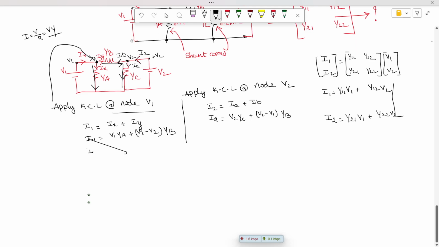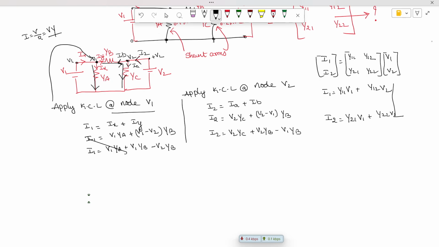I can write I1 is equal to V1 YA plus V1 YB minus V2 YB. The second equation is I2 is equal to V2 YC plus V2 YB minus V1 YB.